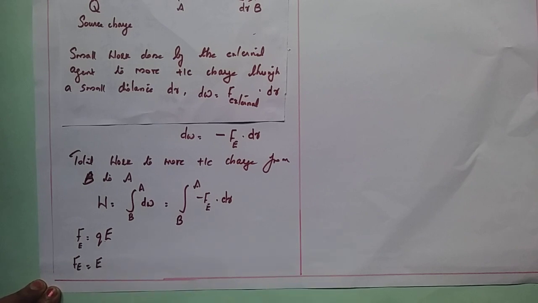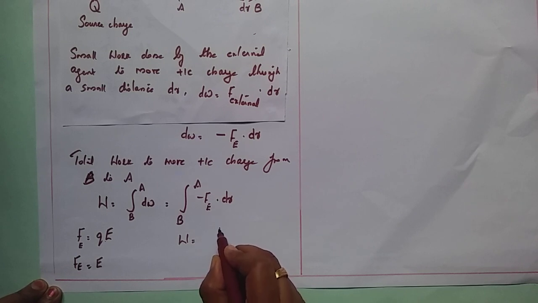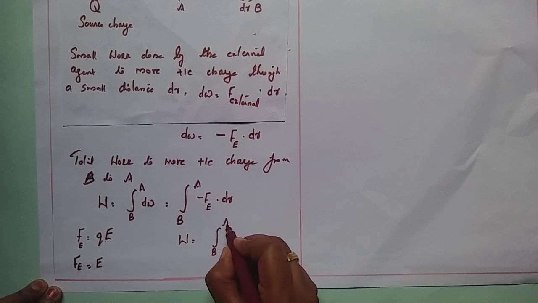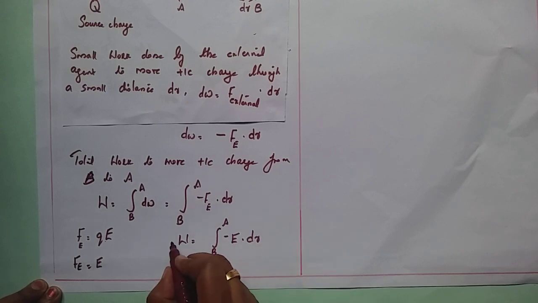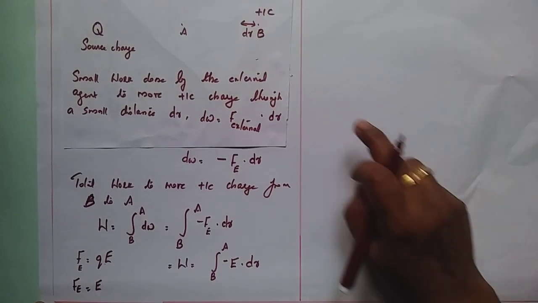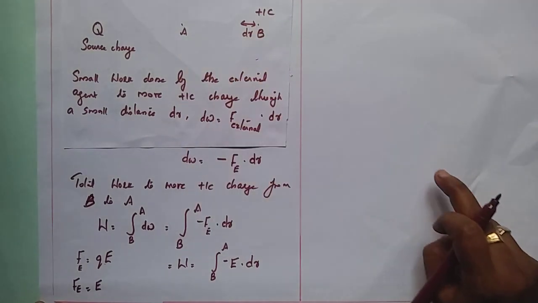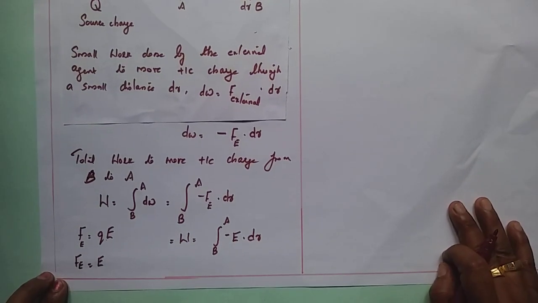So using that formula we can write work done is equal to integral B to A minus E dot dr. And this is the work done in bringing unit positive charge from one point to another in the electric field of source charge, and according to the definition this is called electric potential difference.